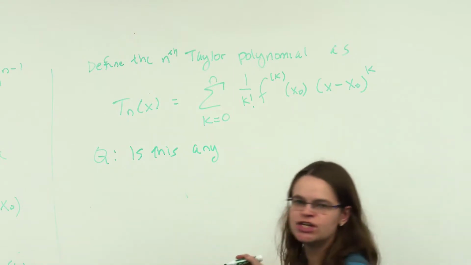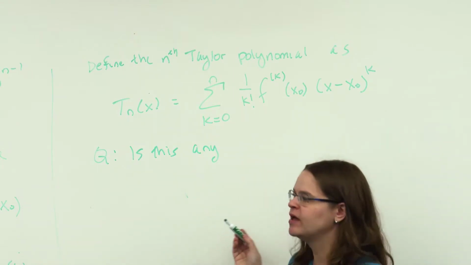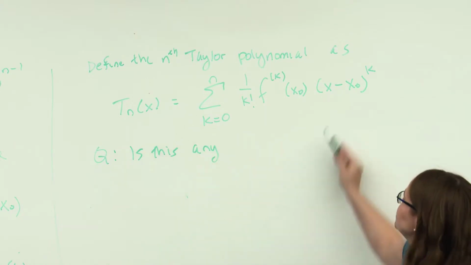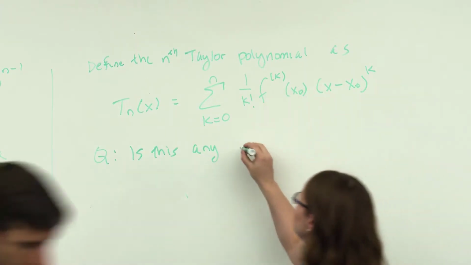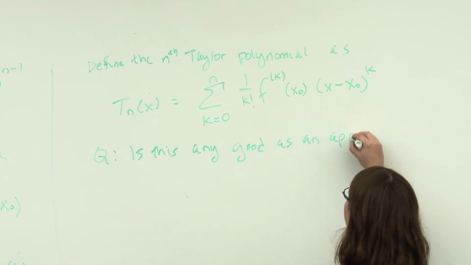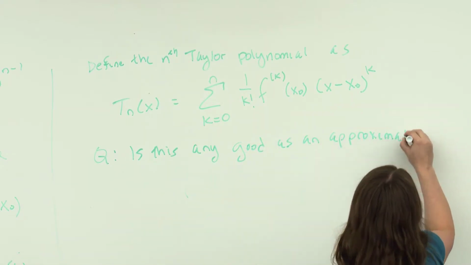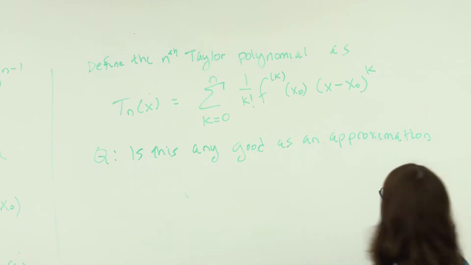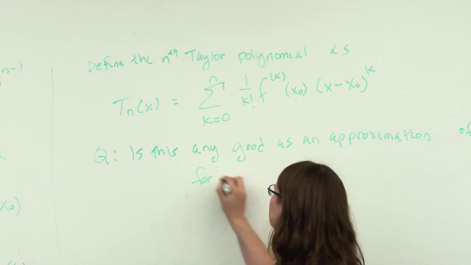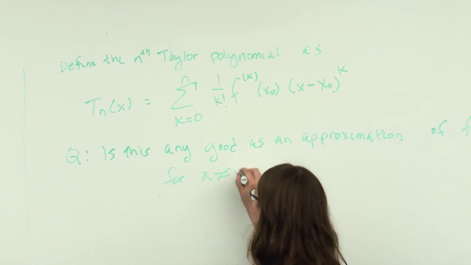It's no good to say this works well at x naught, because we already know the values of f at x naught in order to do this. We've had to plug them in here. But is this any good as an approximation of f for x not equal to x naught?